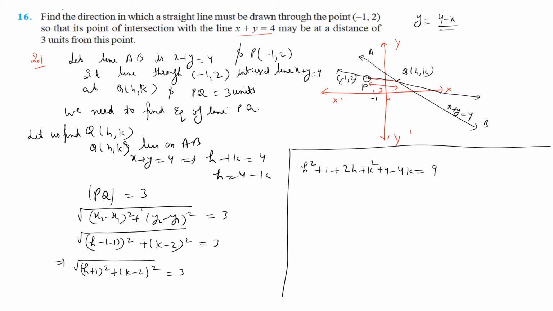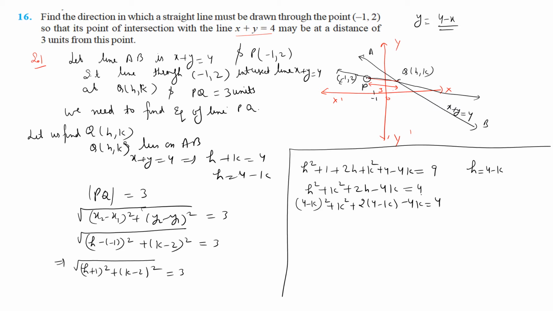So we get the equation h square plus k square plus 2h minus 4k, and 4 plus 1 is 5, 9 minus 5 is 4, equals 4. Now let us put the value of h, which is 4 minus k, here: (4 minus k) whole square plus k square plus 2 into (4 minus k) minus 4k equals 4. It will be a quadratic equation in terms of k.